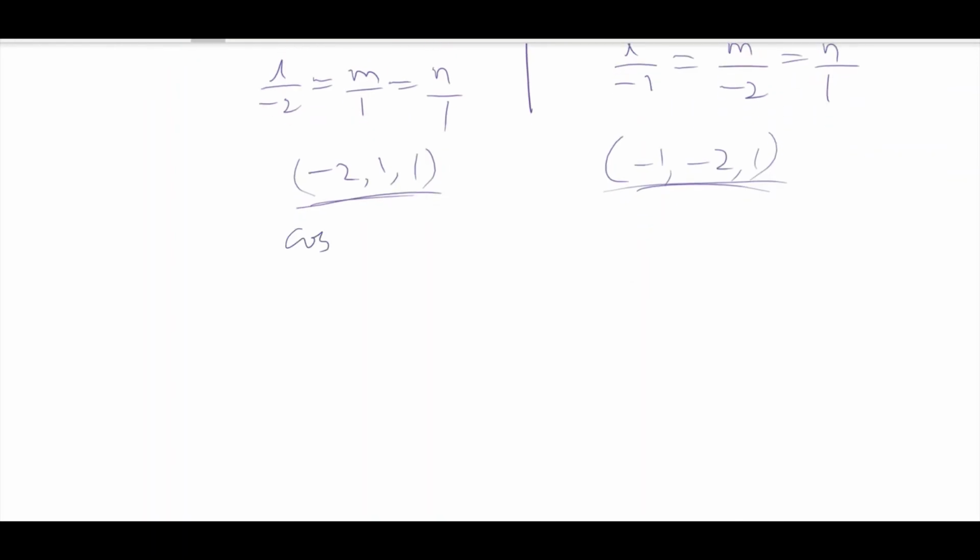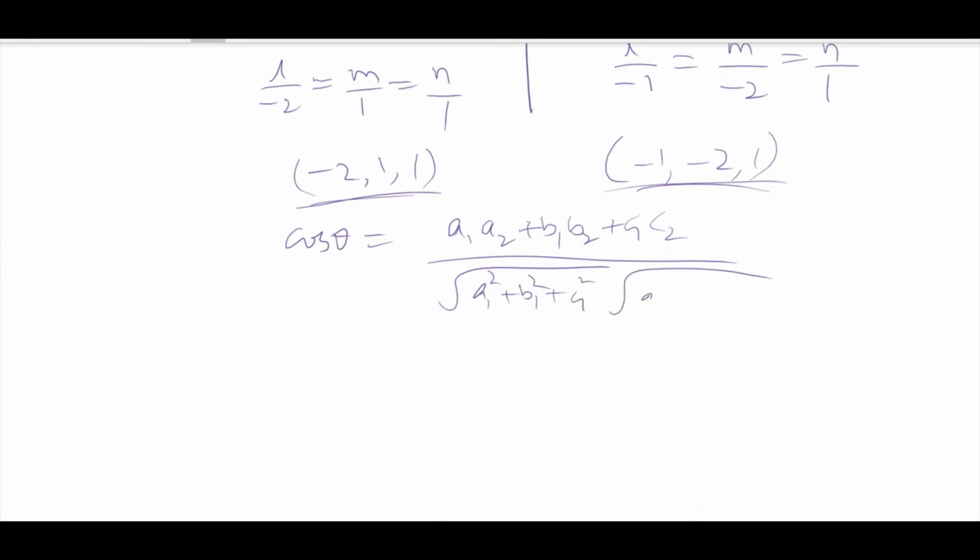So cos theta equals to a1 a2 plus b1 b2 plus c1 c2 by square root of a1 square plus b1 square plus c1 square into square root of a2 square plus b2 square plus c2 square.